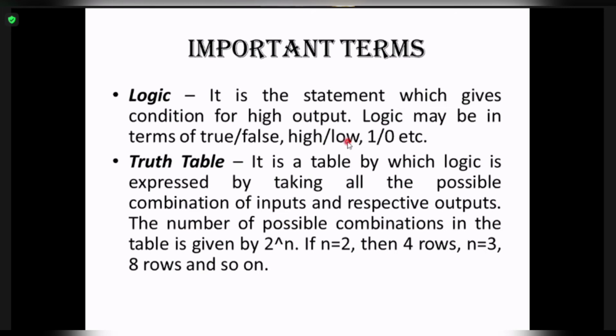Sometimes it is also represented as true or false. So these are different words which are alternatively used for high, low output, 1, 0 output, etc.